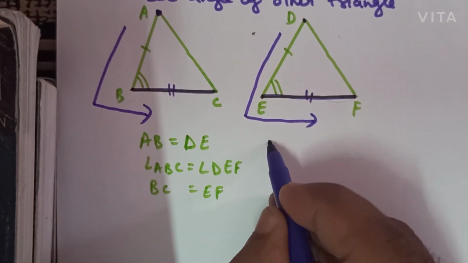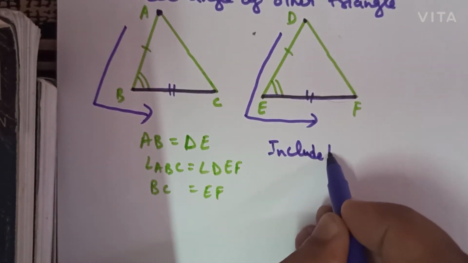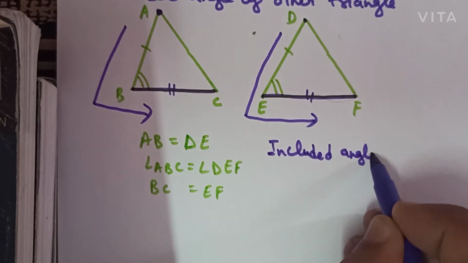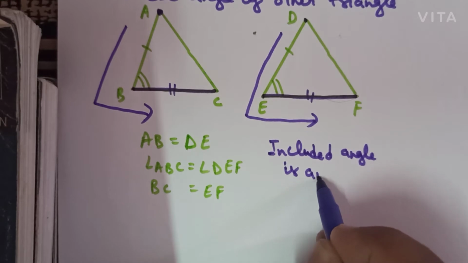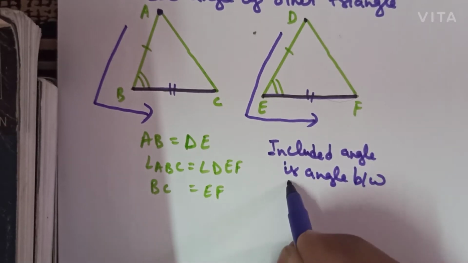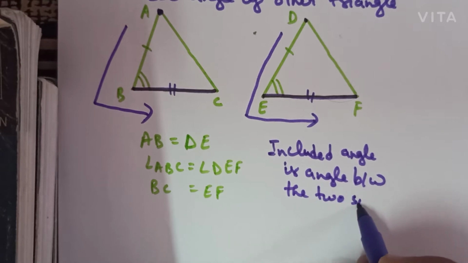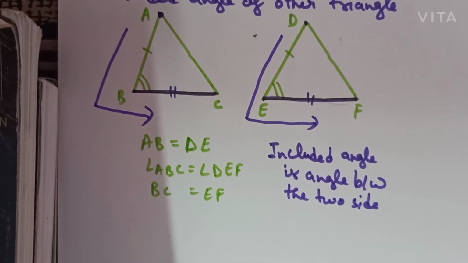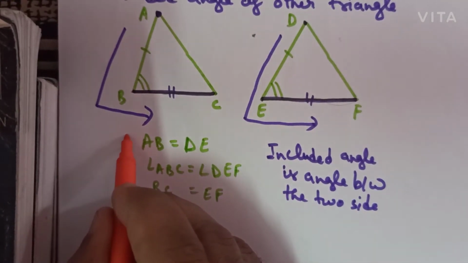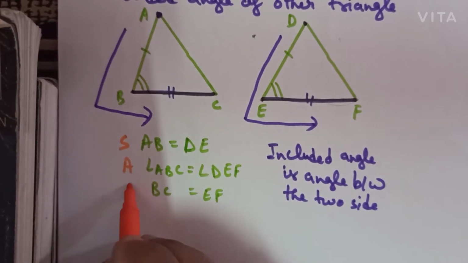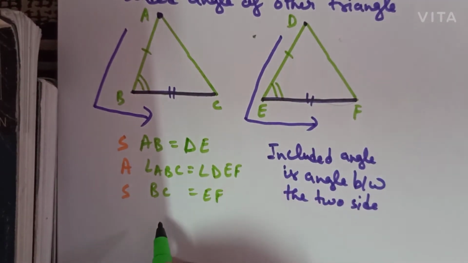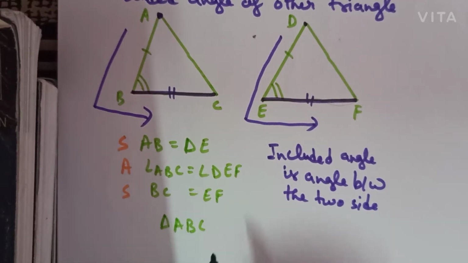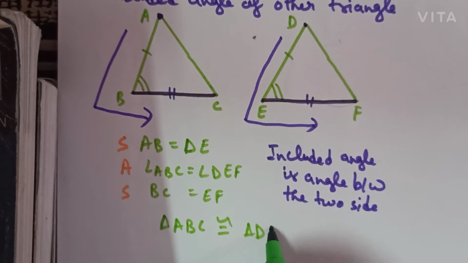Included angle means the angle between the two sides, which are two corresponding sides of the two triangles. So this is the included angle. Since the included angle and the two sides are equal, by side angle side congruence we can say that triangle ABC is congruent with triangle DEF.